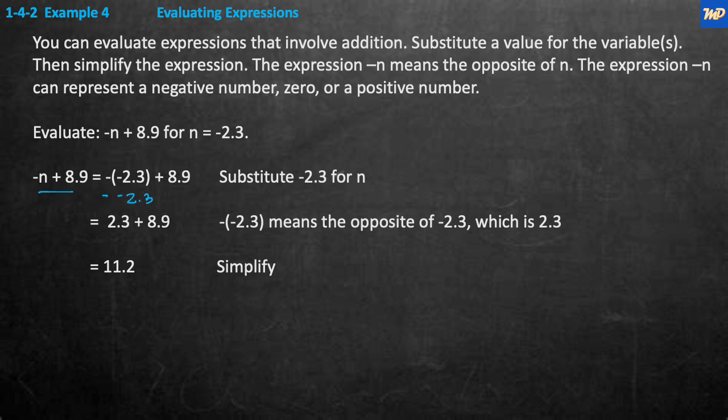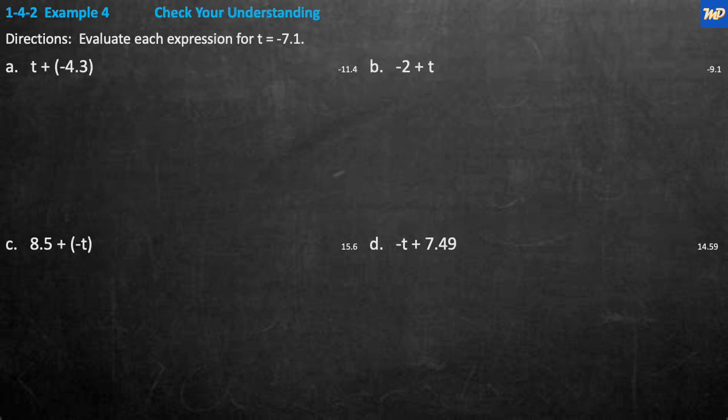Then we're going to solve this little part right here where we have the negative times the negative, and it's going to end up being a positive 2.3. 2.3 positive plus 8.9 positive means you add the two together and take whatever the sign is. It's positive. So we converted the negative 2.3 to 2.3. We add these together, we get 11.2. That's our solution there.